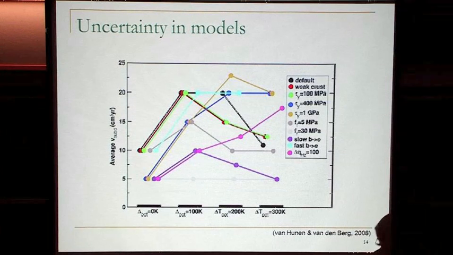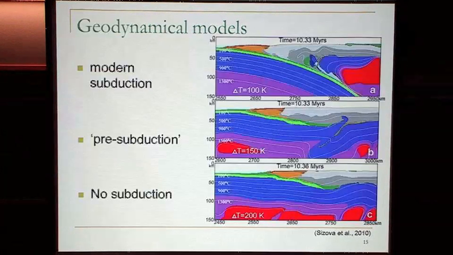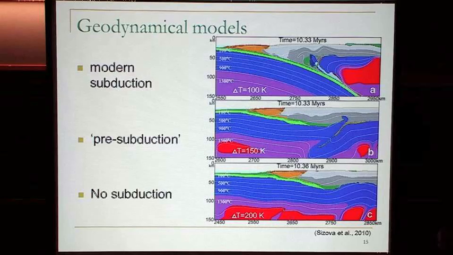This is a related study from a few years ago, Sitsova. They did it with a completely different type of model. They got fairly similar results, in the sense that if you keep on increasing mantle temperature, modern subduction changes into something that doesn't look like modern subduction anymore, but at least some form of subduction is still possible. But if you keep on increasing temperature, at some point that stops and subduction doesn't seem to work anymore.